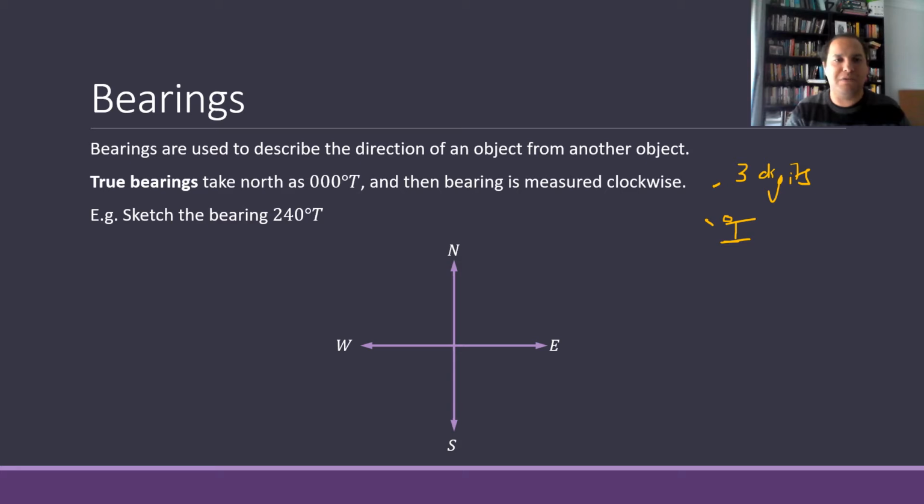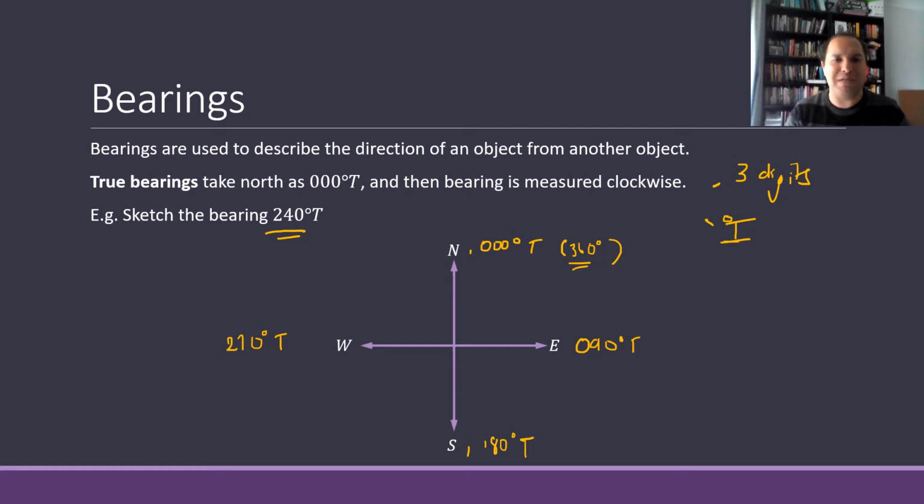Let's look at an example. We want to sketch the bearing 240 degrees true. North will be 000 degrees true. Going around to east, that'll be 90 degrees true, and another 90 degrees to south, so that's 180 true. West will be another 90 degrees, 270, and then with 360, we get back to north, a full revolution.